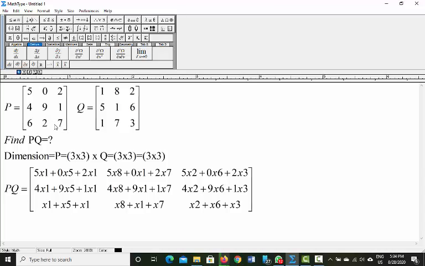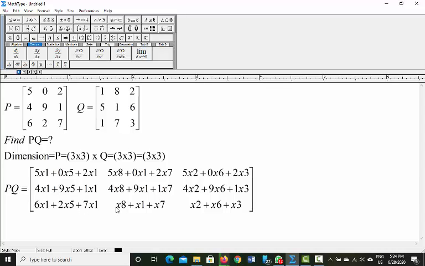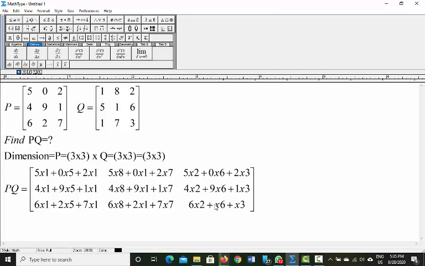In the third row we have 6 2 7. So serially it will come 6 2 7, here also 6 2 7, 6 2 7.